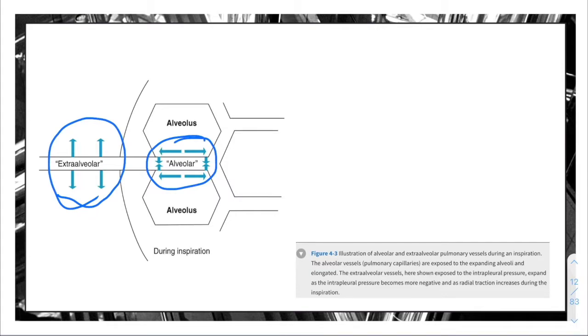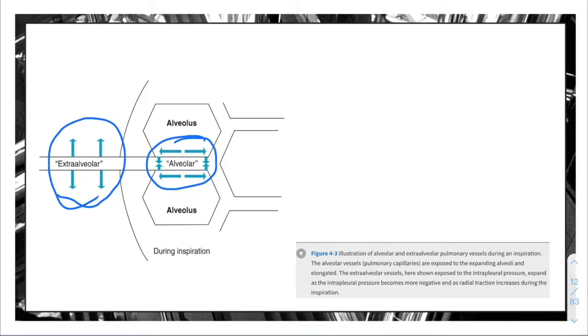So these alveolar capillaries are affected by your alveolar pressure, while your extra-alveolar vessels are affected by your pleural pressure. So these alveolar vessels are sensitive to changes in your alveolar pressure, but not to changes in your pleural or interstitial pressure.